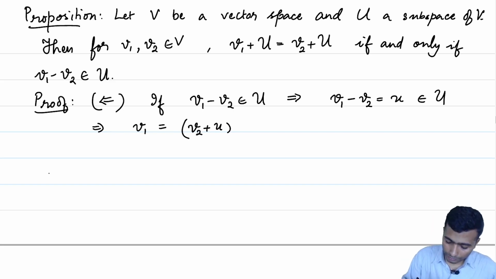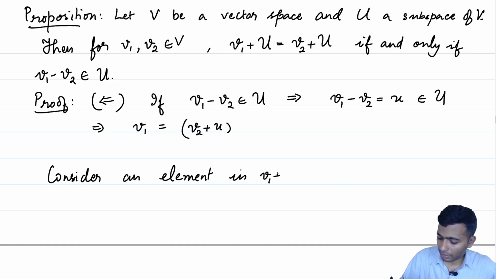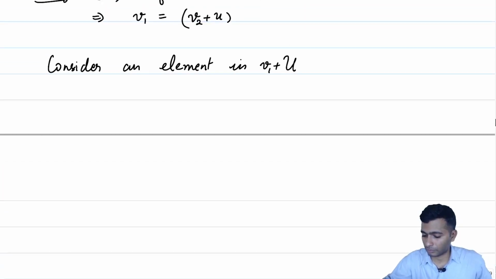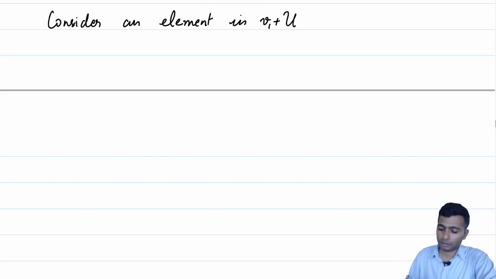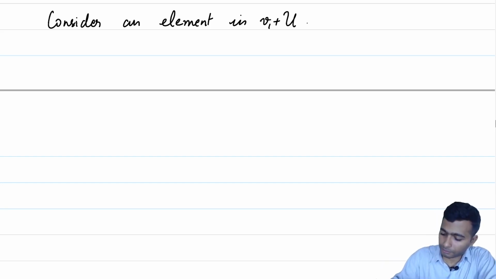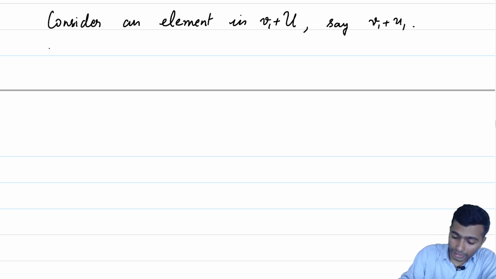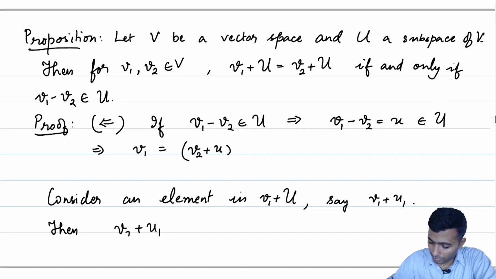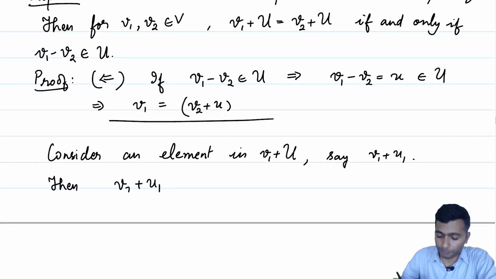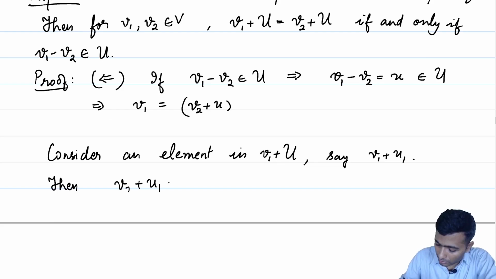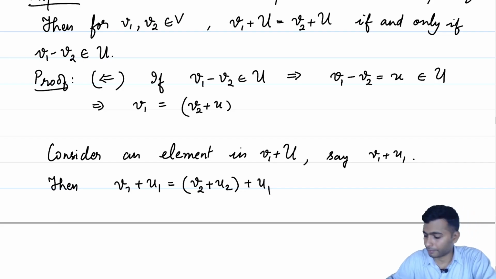Alright, now consider an element in V1 plus capital U. It will be something like V1 plus U1. Then V1 plus U1, as you can note, V1 is V2 plus u. So V1 plus U1 is equal to V2 plus u plus U1.